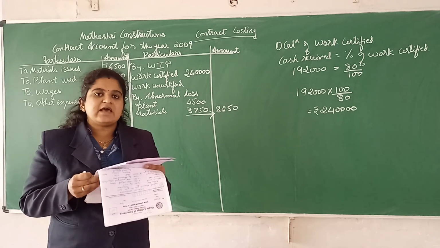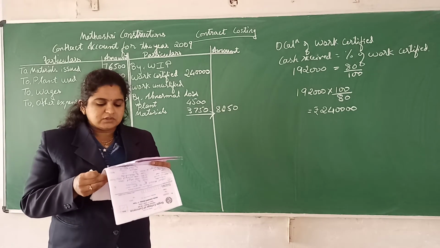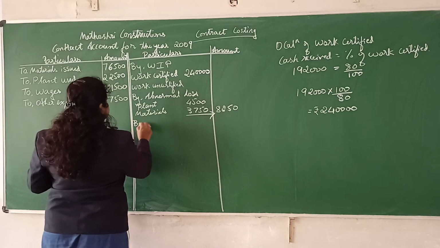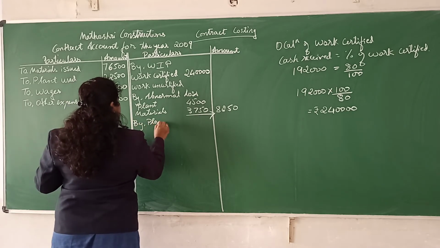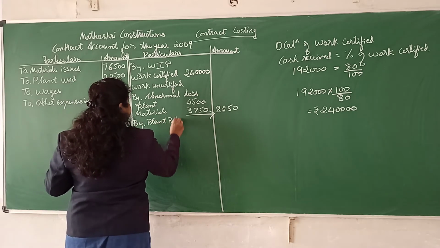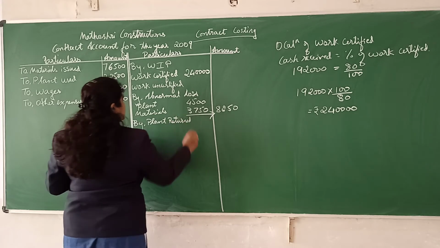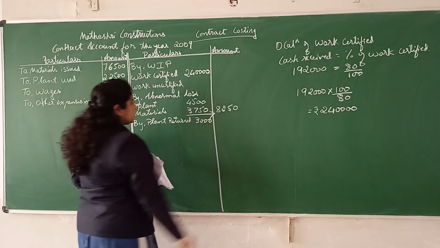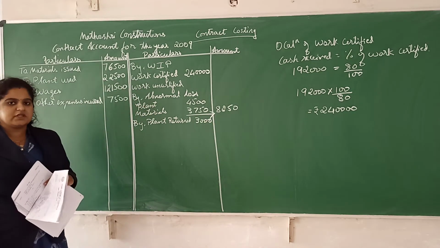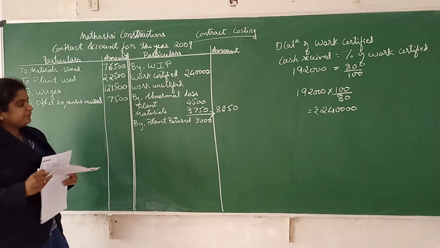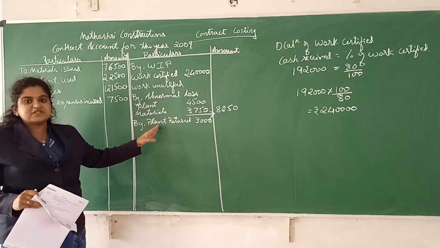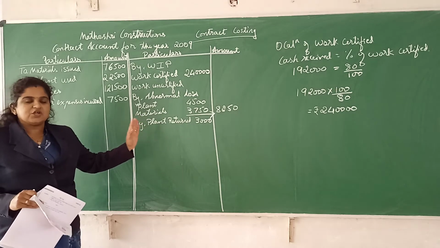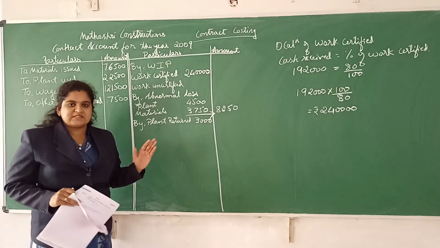Now, on 31st December 2009, plant which cost rupees 3,000 was returned to stores. So at the end they are returning that plant to the store. Returns again on the credit side by plant returned. So 3,000 worth of plant is returned, so write 3,000 in the inner column. As they have returned it at the end of the year, there will be depreciation.